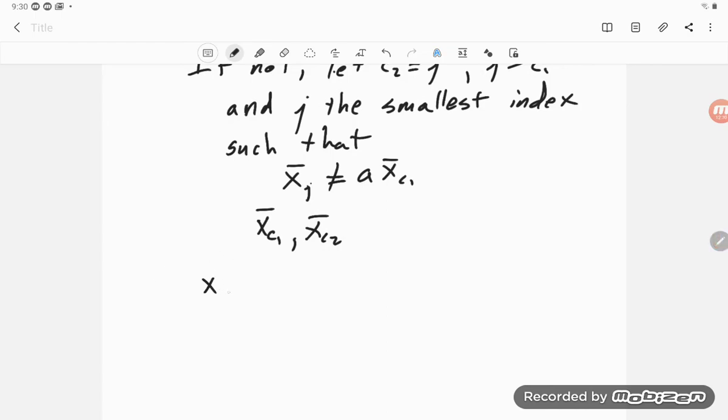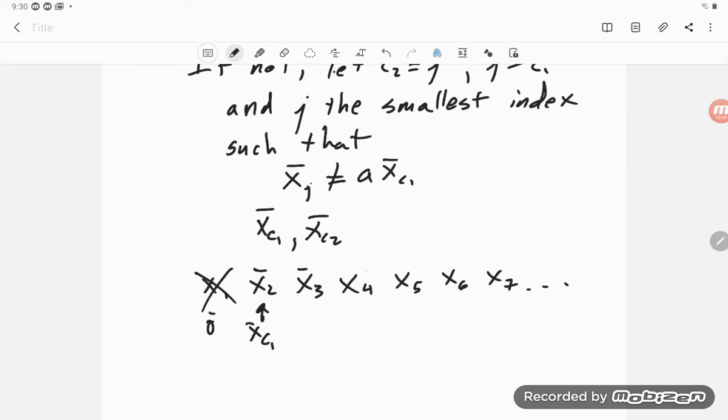Again, my list of vectors: I've got x1, x2, x3, x4, x5, x6, x7, and so forth. Maybe the first was the 0 vector. Usually it wouldn't be, but maybe it was. This one was x sub c1. Put my lines over those.